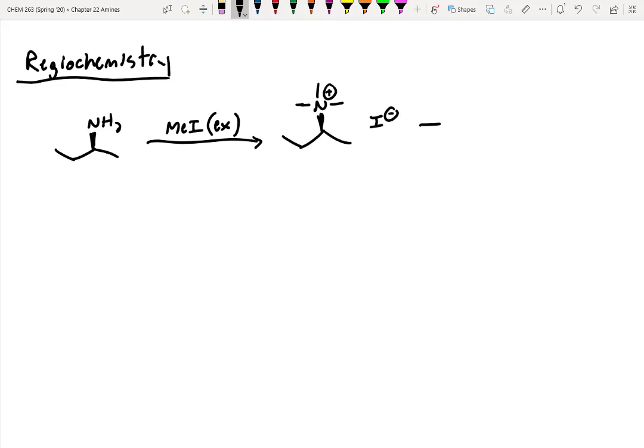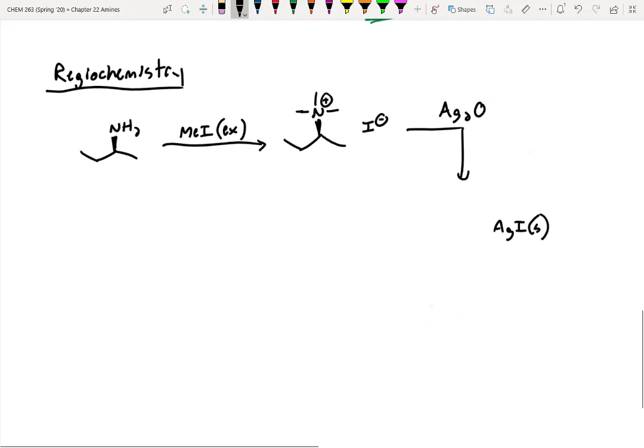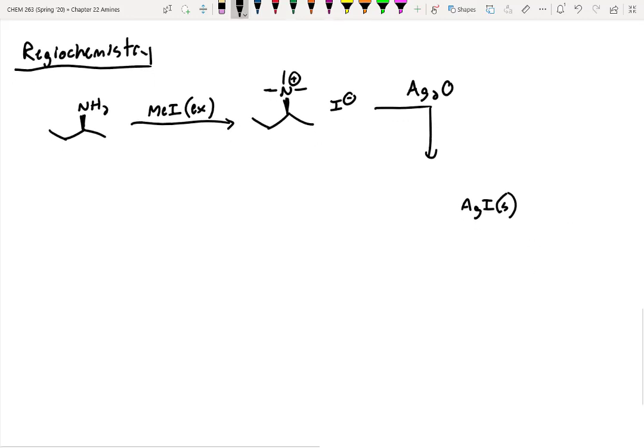So what we can do is treat this with silver 1 oxide, nice gentle reagent, and that is going to react with that iodide. We're going to make silver iodide that will precipitate out of solution. We'll also make some hydroxide in solution. And then we'll also have our starting materials.